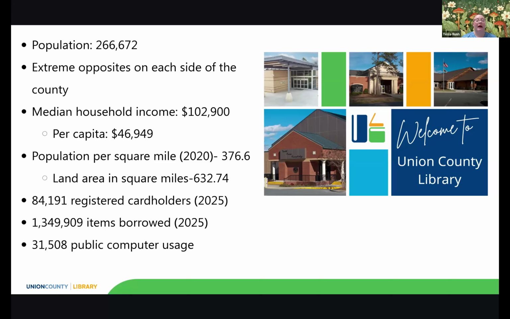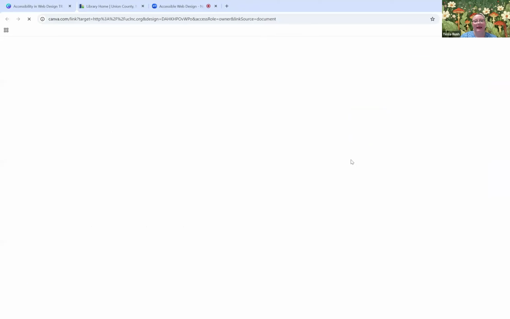On average, each year we have a little over a million borrows and around 30,000 public computer usage each year. So this tells me we have a lot of active people in our community who look at our website, who use our services. So I want to make sure that our website is accessible to all of them.